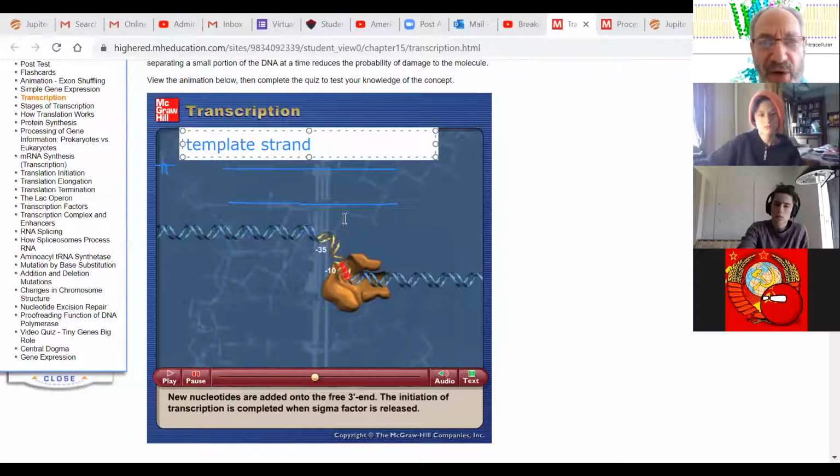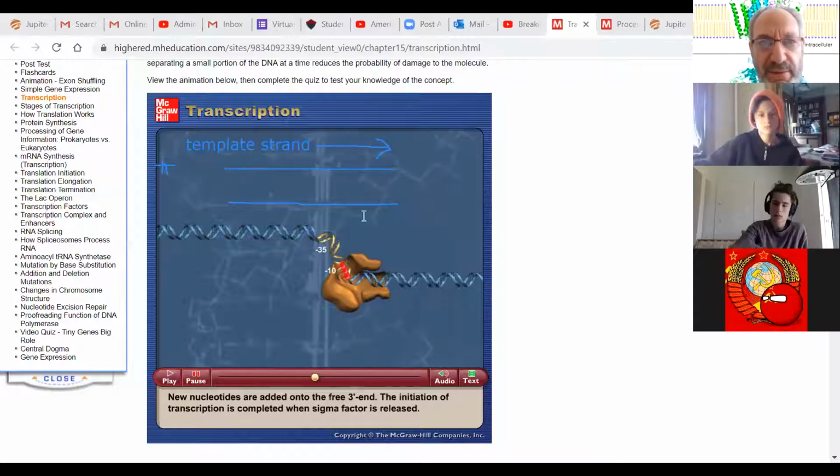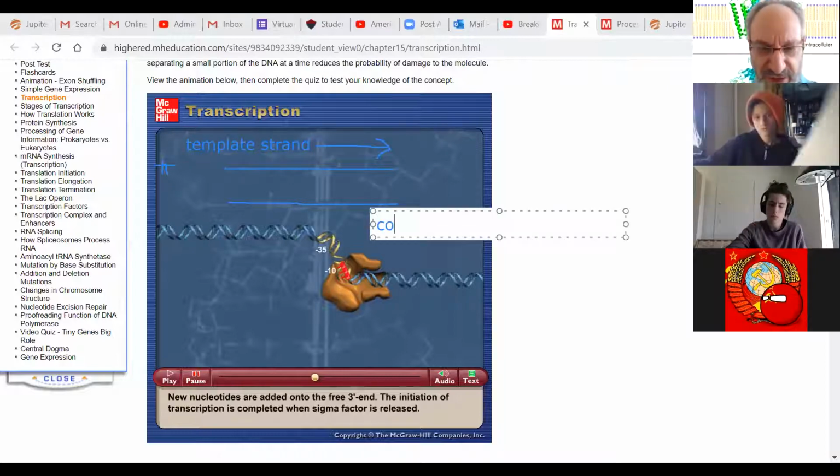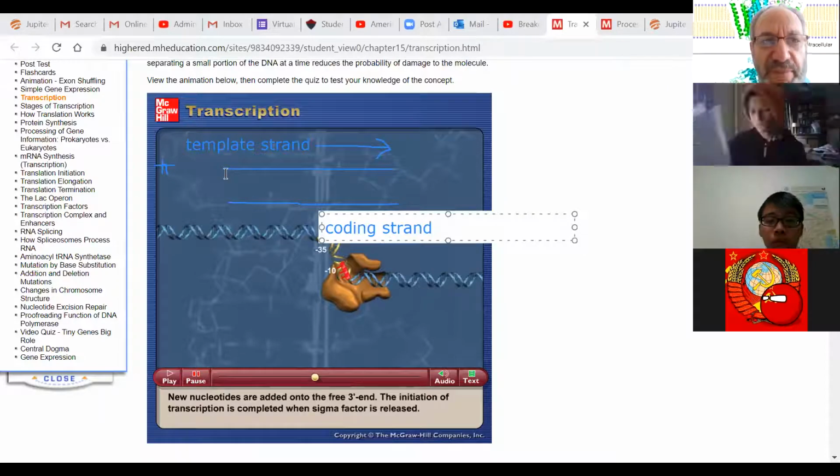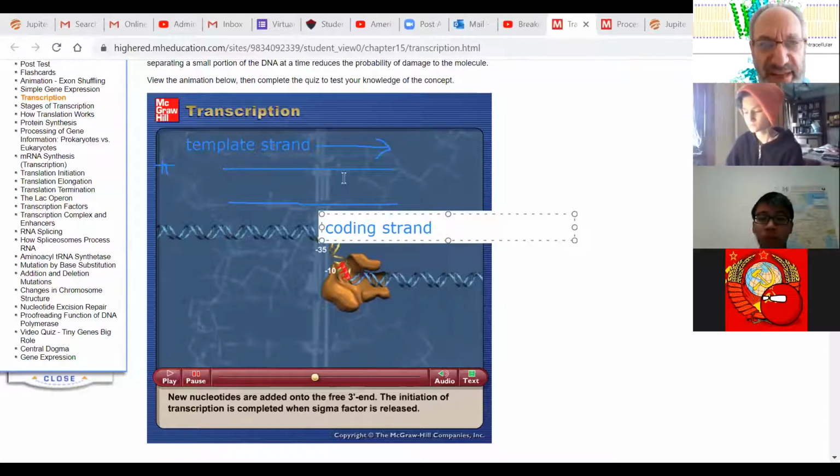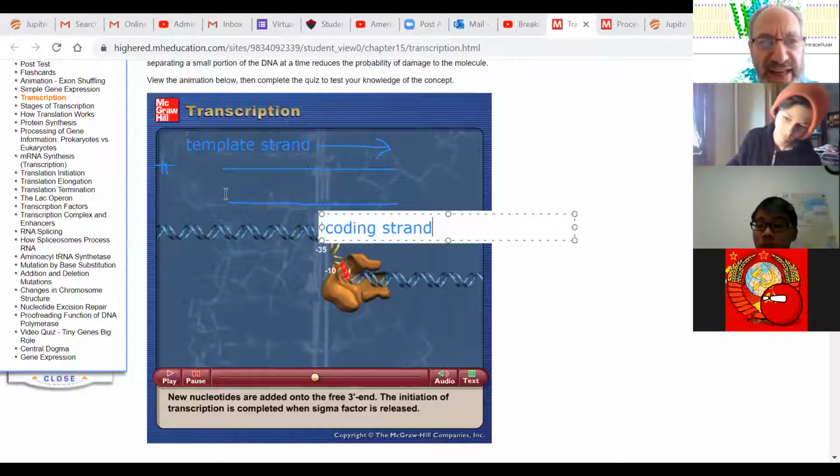So the bottom over here is called the coding strand. Okay, so we're going to be building on the template strand. The template strand is the strand you're going to be adding the nucleotides. The coding strand is going to be doing nothing.